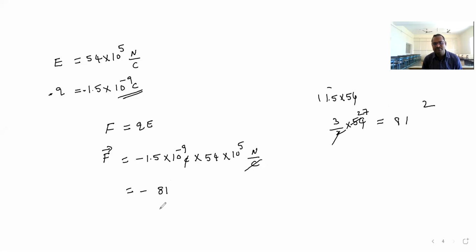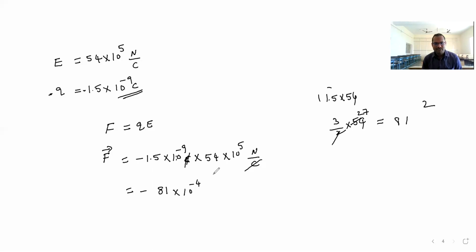This 1.5 into 54 is 81 into 10 to the power of minus 9, into 10 to the power of plus 5, with the coulomb cancelled. 10 to the power of minus 9 into 10 to the power of plus 5 is 10 to the power of minus 4, because the bases are the same, so we add the powers.